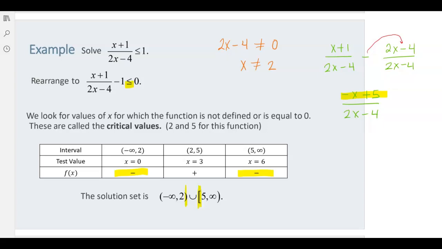And so the 5 came from the x-intercept, right? From the zeros of the numerator. But the 2 came from an asymptote. And if we think about the domain of this function, 2 is not included in the domain. So we're not allowed to have 2 be one of the places where the function is actually equal.